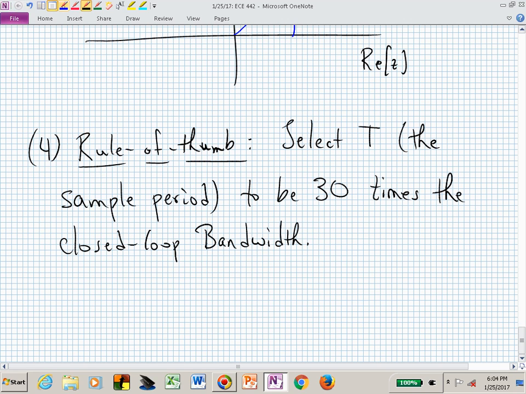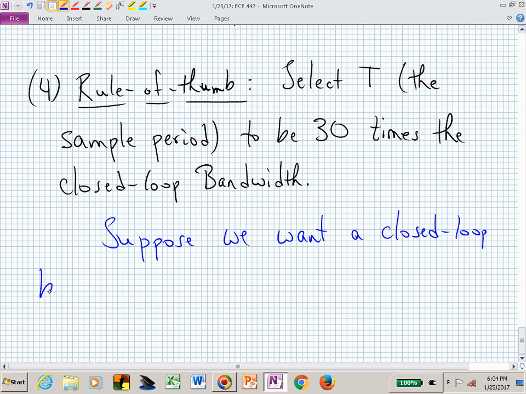Let's look at an example. Suppose we want a closed loop bandwidth of 5 radians per second.